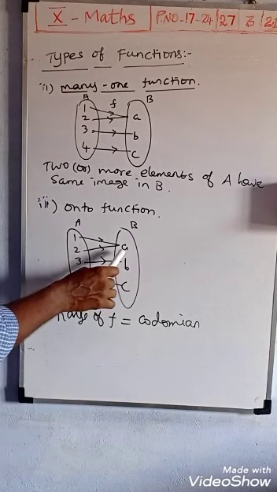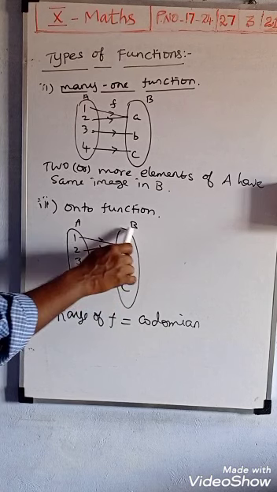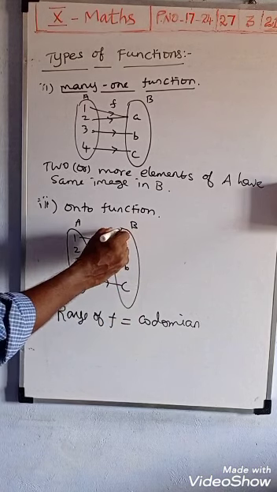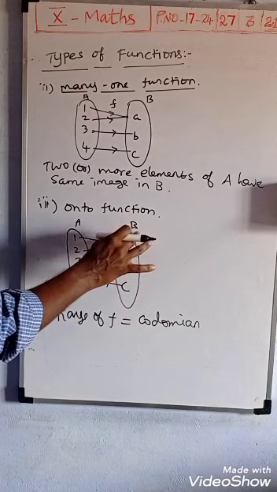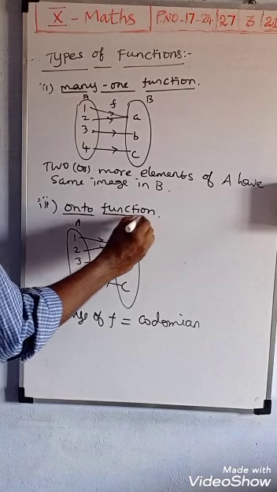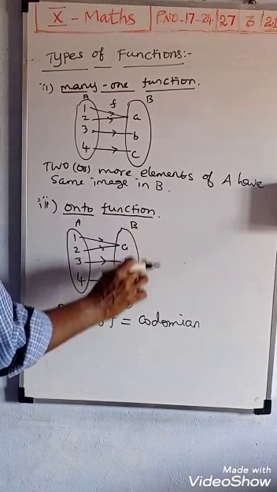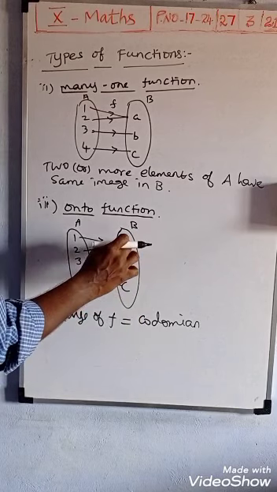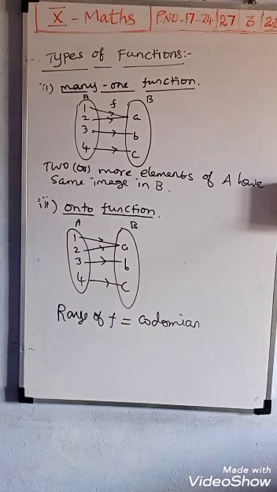Range, you already know, means the mapped elements. Mapped codomain elements are called range. Here the range is A, B, C, and the codomain elements are also A, B, C. A set is the domain and B set is the codomain. So the codomain elements are A, B, C and the range is also A, B, C. If they are equal, it is an onto function.